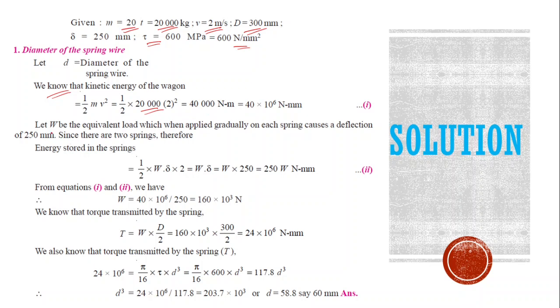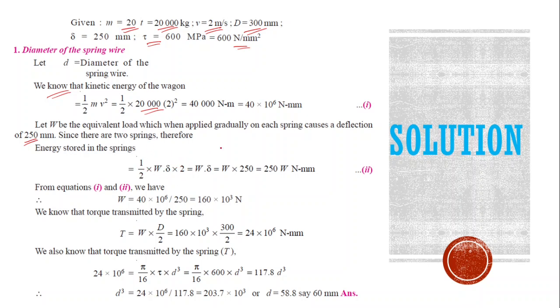Next, let capital W be the equivalent load which, when applied gradually on each spring, causes a deflection of 250 mm. Then W into half into delta into 2 is equal to the energy stored in the springs.